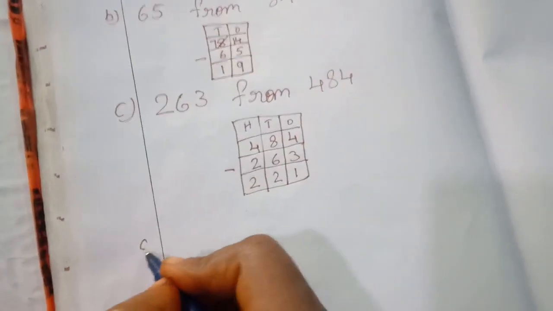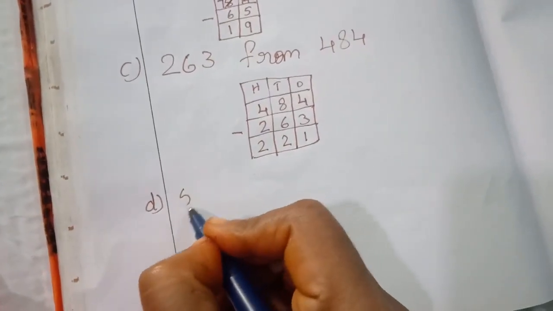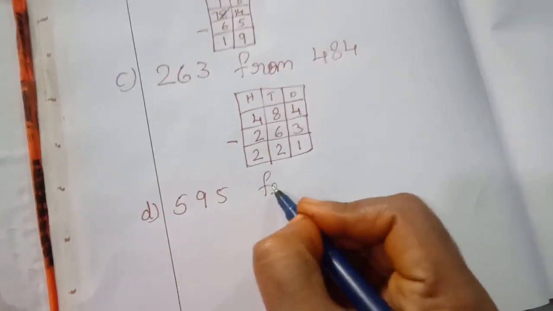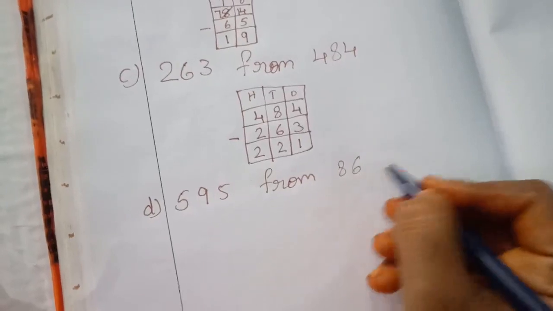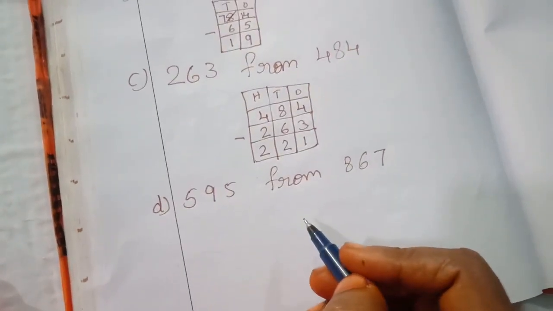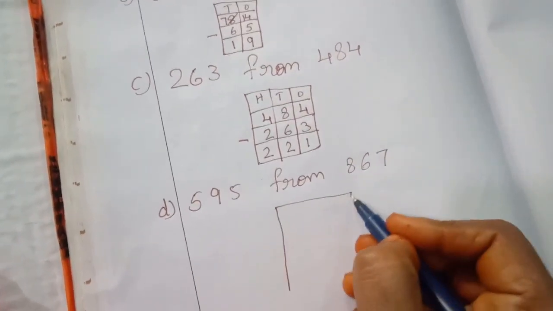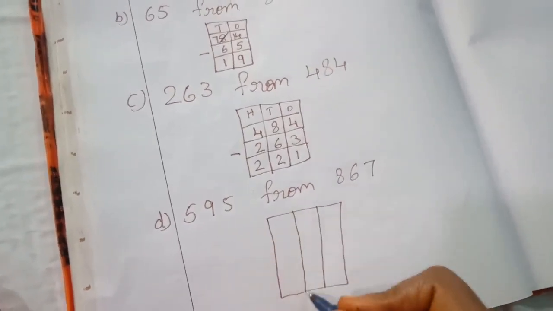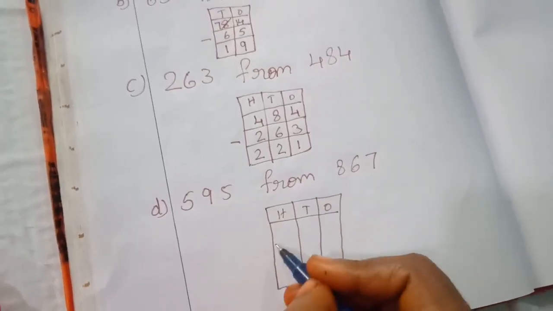Next sum. See, 595 from 867. Okay. First of all, you should draw the place value chart. Ones place, tens place, hundreds place.